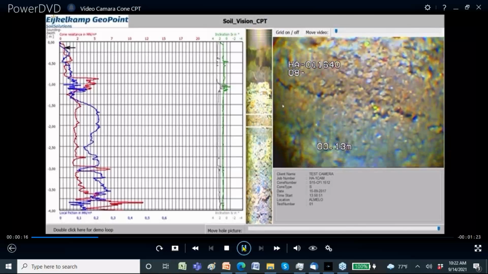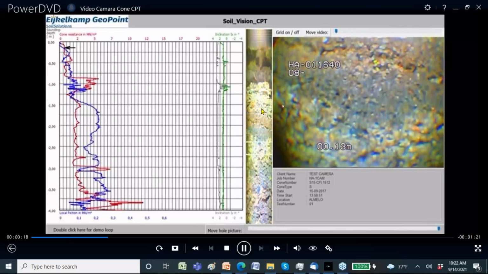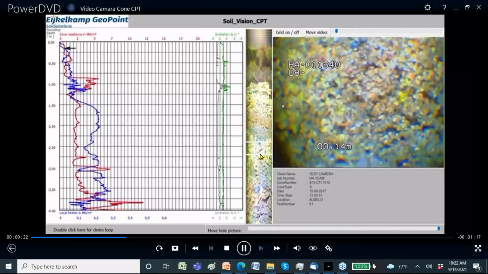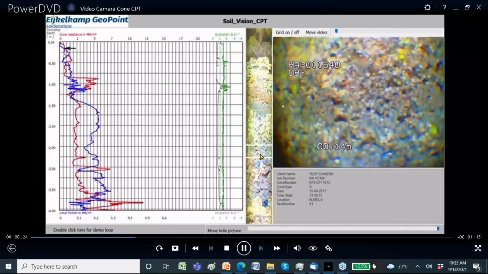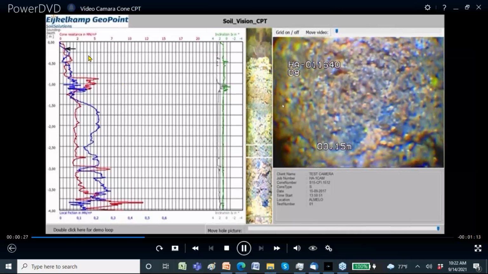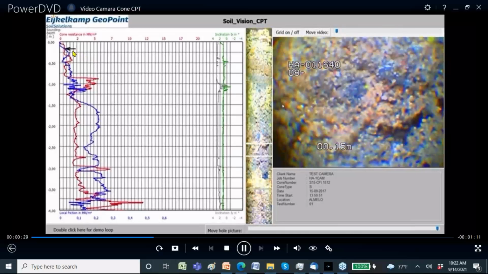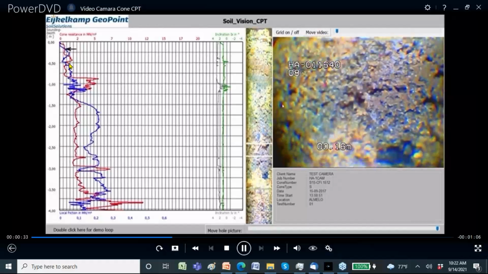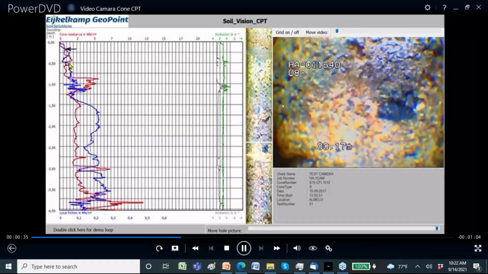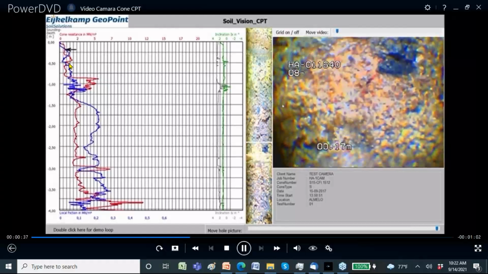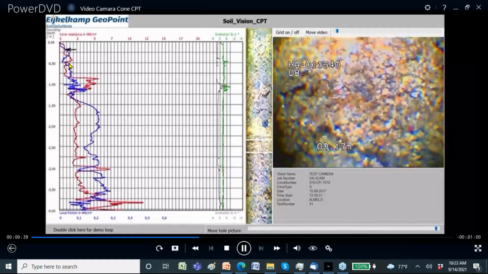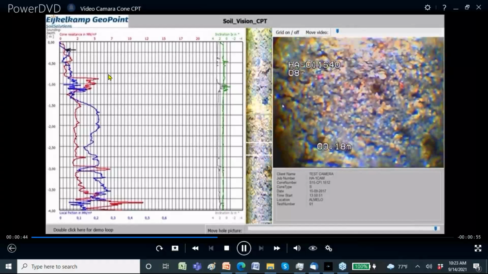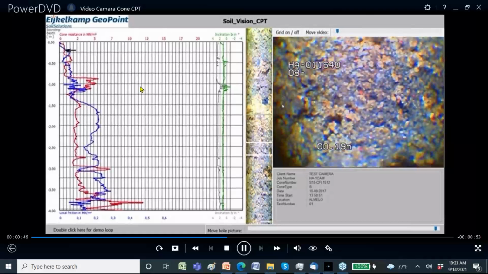In the center part, we've taken all those pictures and put them together, and you see the white lines go down to give you an indication where you are. And then to make it easier, you see on the left-hand side also a correlation with the CPT readings, the tip resistance, and the friction ratio, or the sleeve friction in this case, the blue line, and the black arrow indicates where you are, so that you get an indication of what's going on.